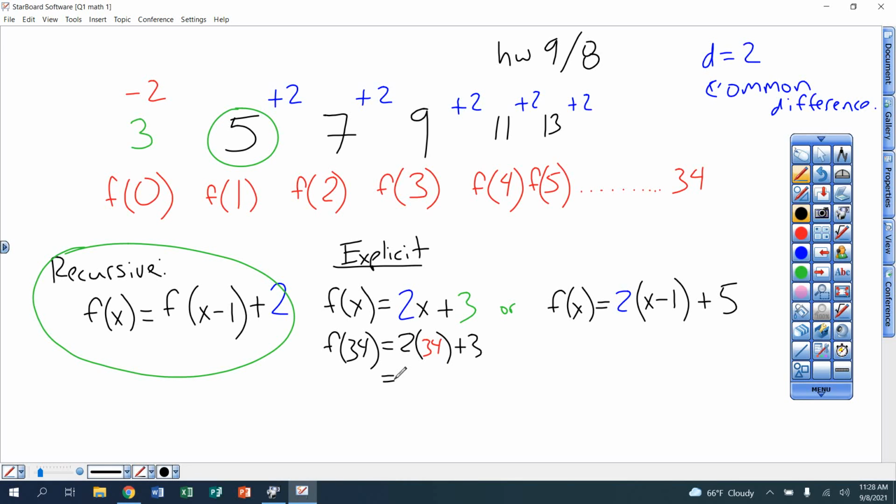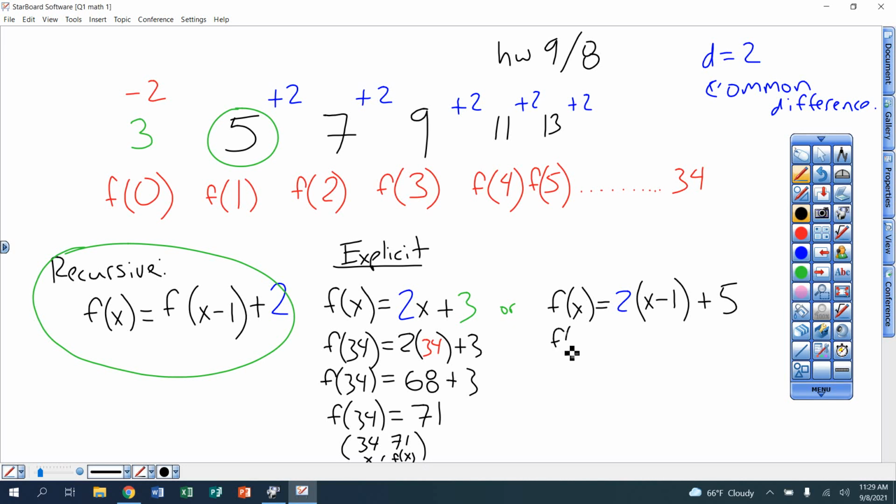So 2 times 34 is 68, plus 3 tells me that when I plug in 34, it gives me 71. If I wanted to plot that coordinate, that's the coordinate 34 for x, and then 71 really for y, but we're not using the y anymore, f of x. If I plugged it into this one, same thing would work.